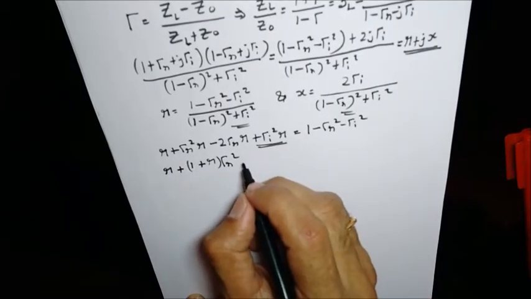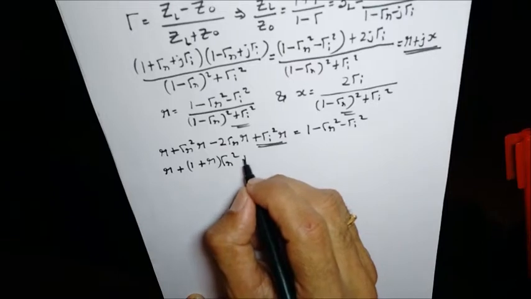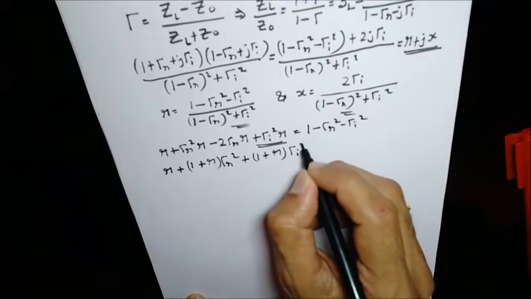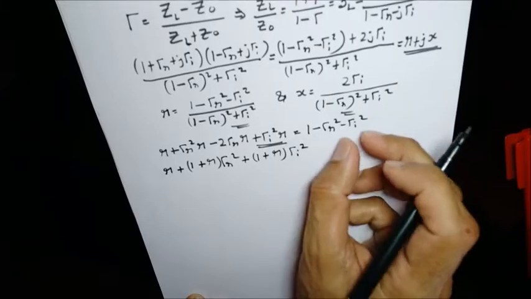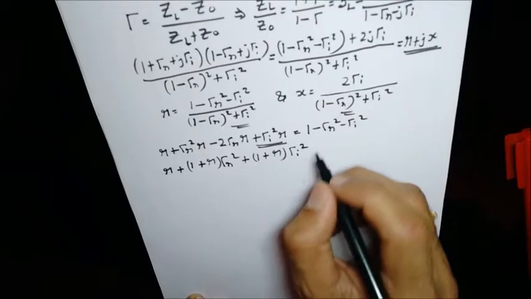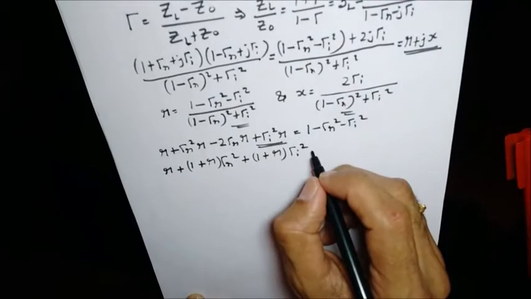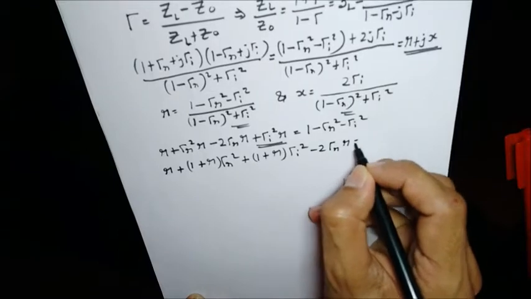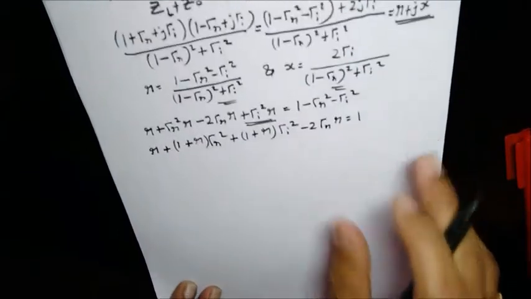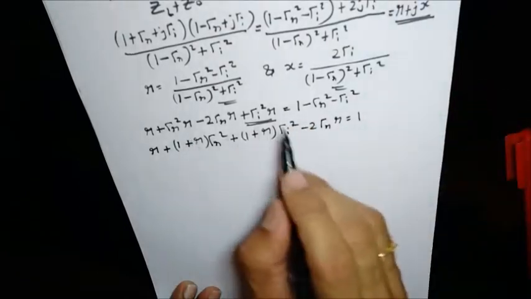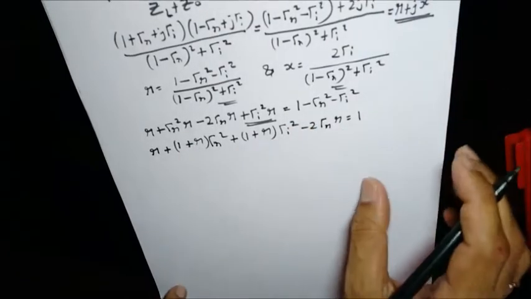And then you have plus 1 plus r gamma I square, that is I bring this term over here and combine it with this. Now what is left? Minus 2 gamma r r equal to 1. So this is brought here, this is brought here, 1 is left there and rest of the terms I have over here.